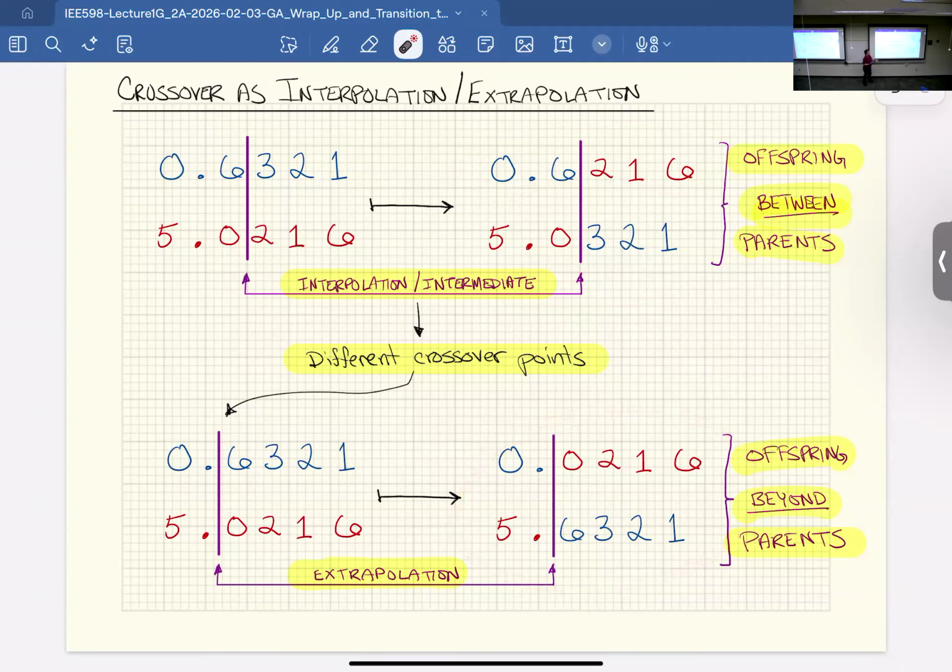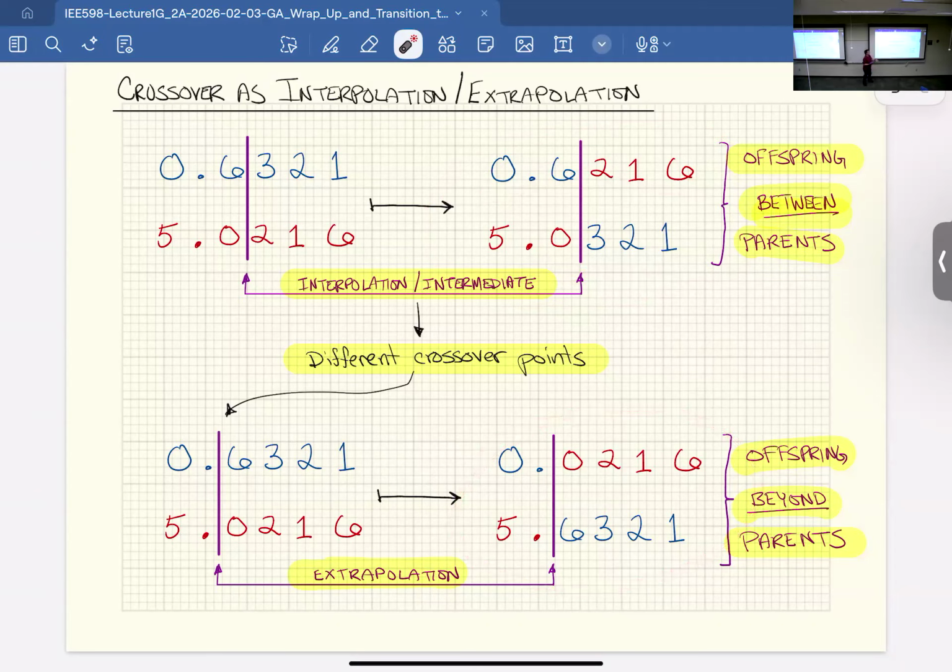Now, if the parents are really similar, so here we've got, and I've got a question like this on your mini project, parents which are similar up to the fourth digit of their representation. So they only differ down here in the least significant digits of the representation. At this point, if I were to do crossover here, I would get exactly the same offspring as the parents.